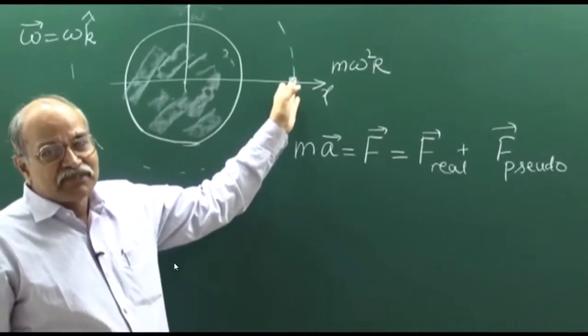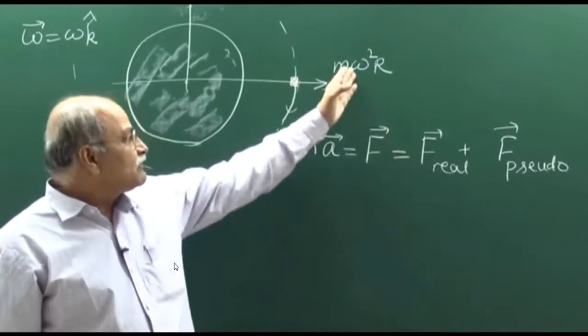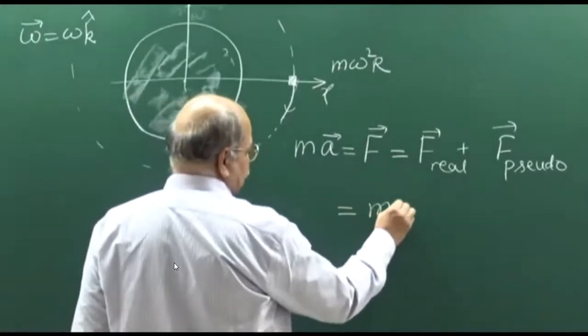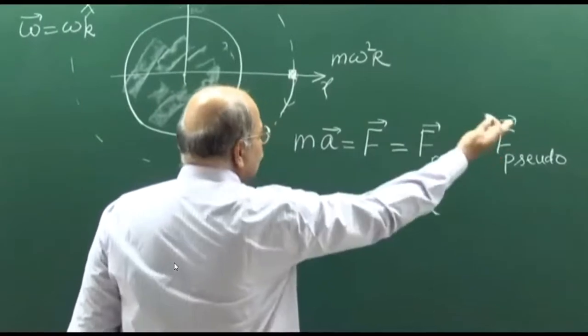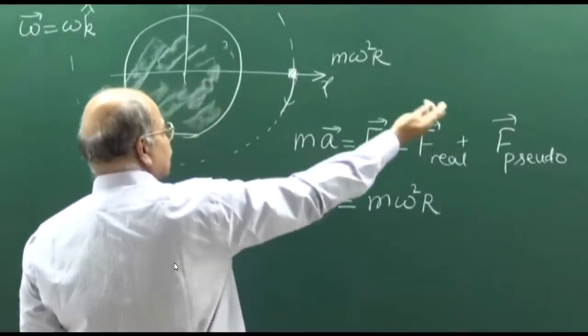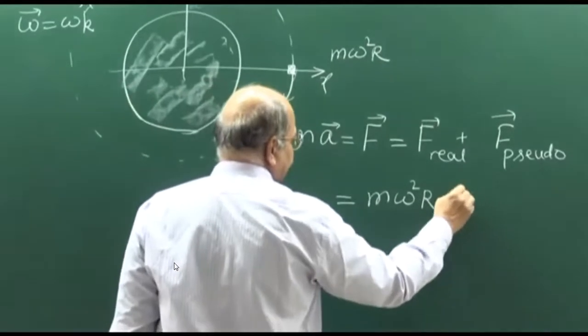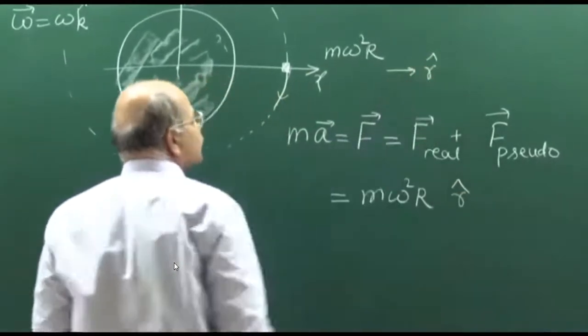So, real forces must add to 0. So, this part is gone. Pseudo force, if I write this pseudo force, then it is m times omega square times r in outward direction. Centrifugal force is away from the axis. So, I can write this as r cap, where r cap is unit vector in this direction.